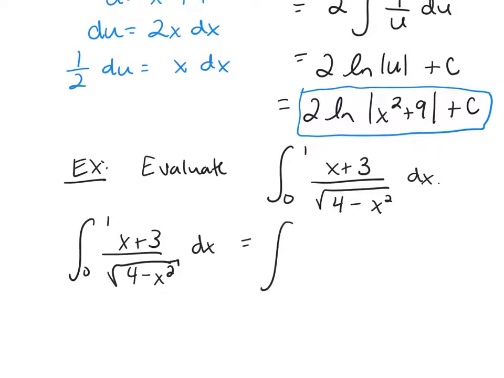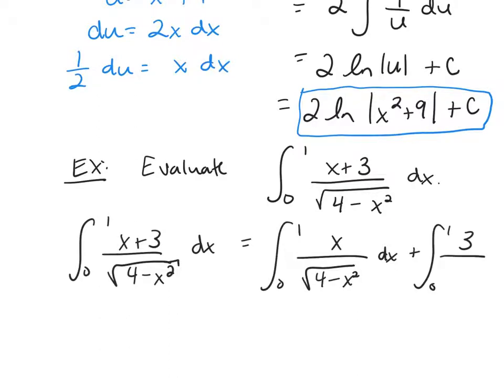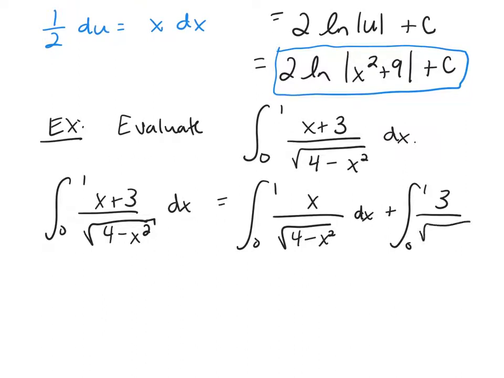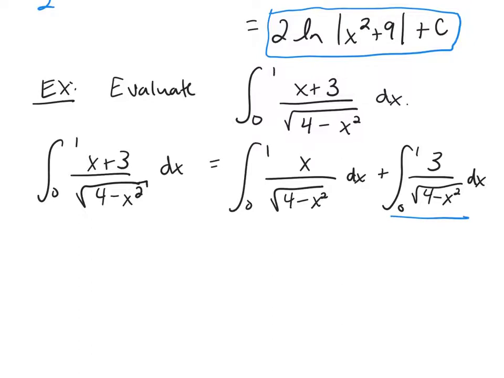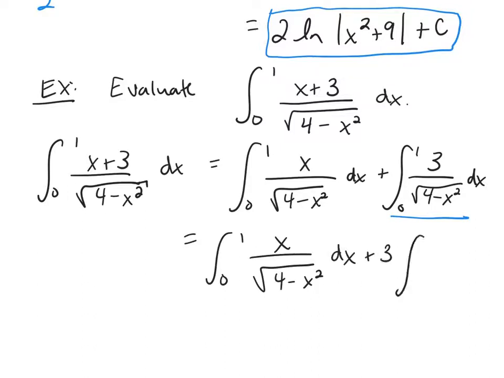So I'm going to split this up into the integral from 0 to 1, x over the denominator, plus 3 over the denominator. So we're going to focus in on this second integral for now. I can pull out the 3. And 4 is 2 squared.